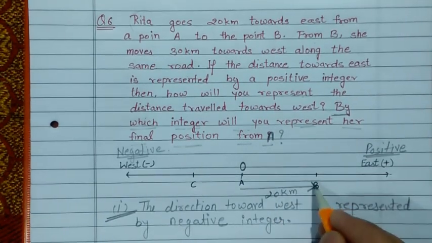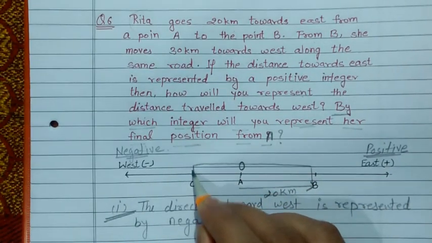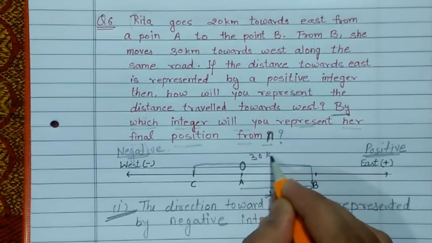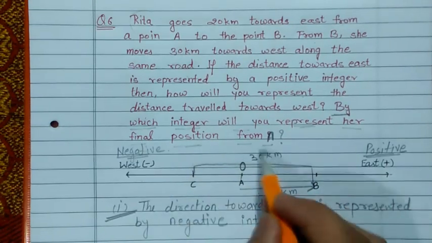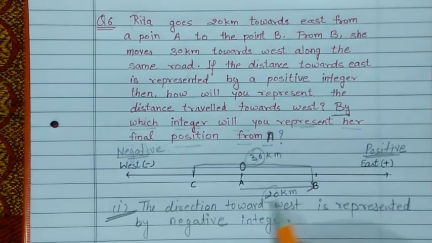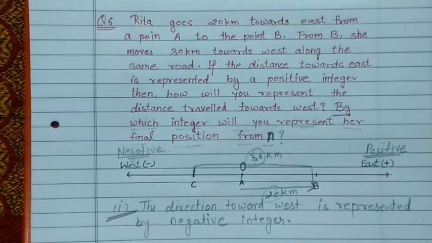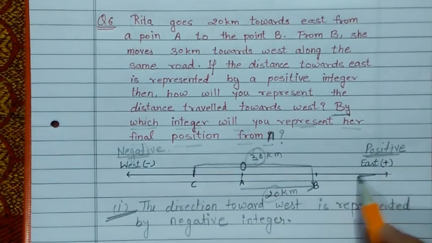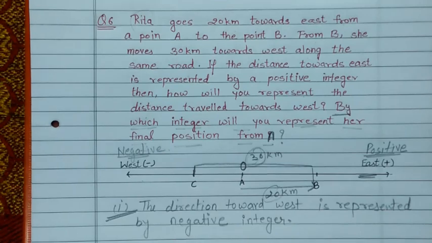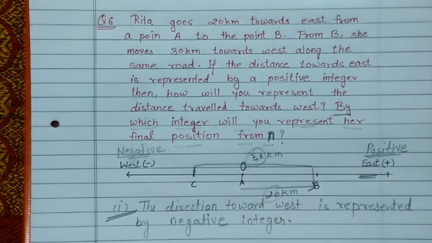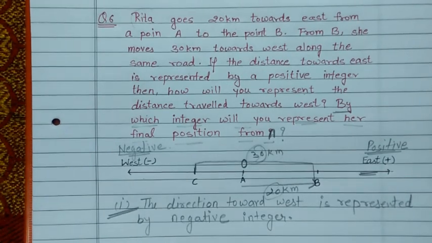Then she returned in just the opposite direction and traveled 30 kilometers. Because she is going in the opposite direction, we have to subtract this 30 kilometers from the 20 kilometers to find her final position. When we subtract, we get minus 10.